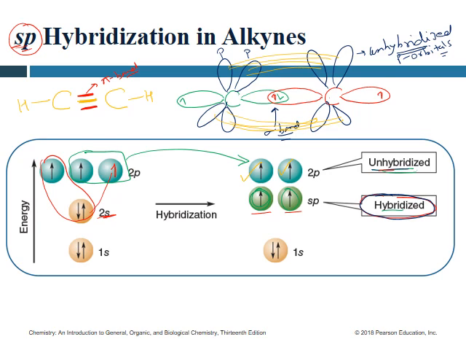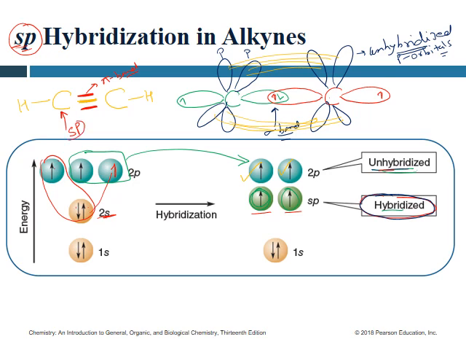If I talk about the hybridization of the carbon, what is the hybridization state of carbon? Can I say sp? Yes, because out of the 4 bonds this carbon has, 1, 2, 3, 4, only 2 are formed by hybridized orbitals. And what are those hybridized orbitals? One from the s, one from the p.